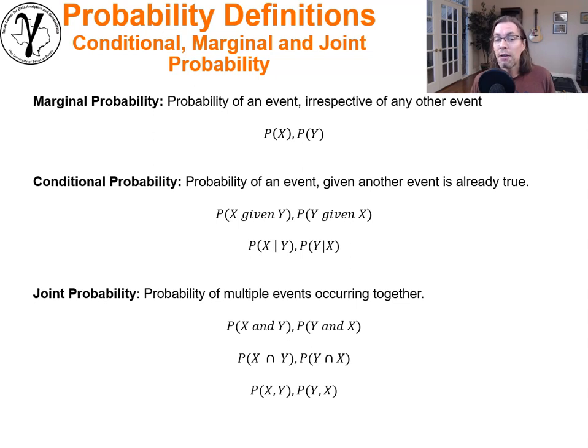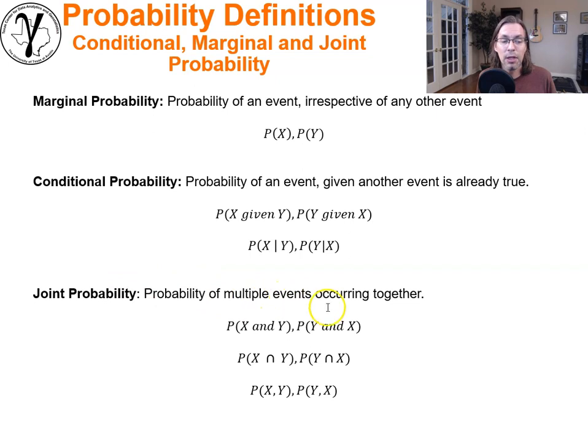Let me just define some of the terms again that we just talked about. Marginal probability: probability of an event, irrespective of any other event. You don't consider any other event. Conditional probability: probability of an event given another event is already true. It already occurred. You shrunk your universe, and we use the notation X given Y, and so forth.